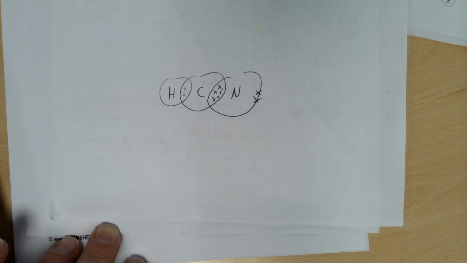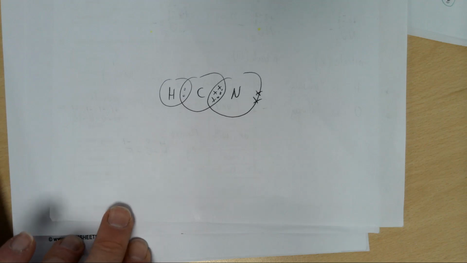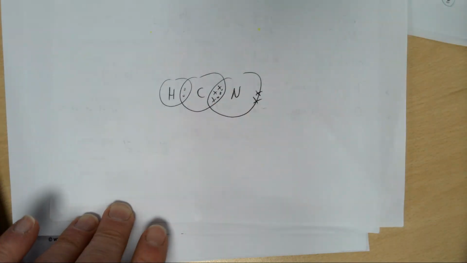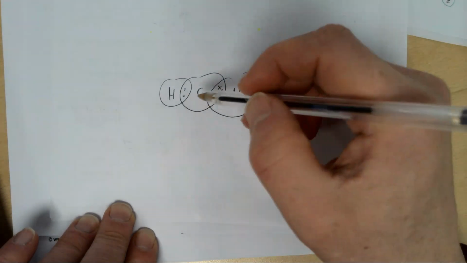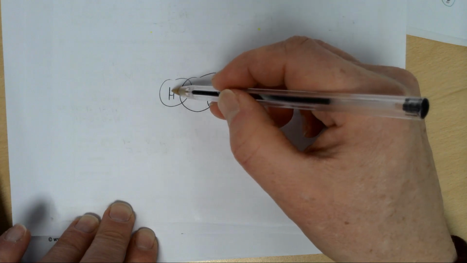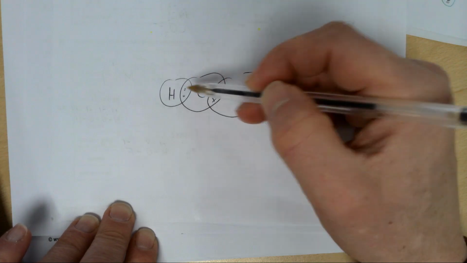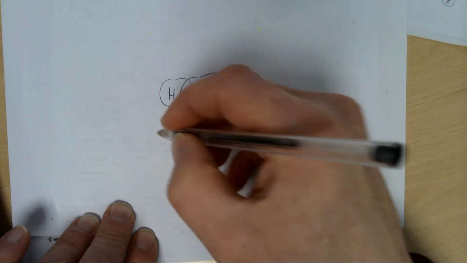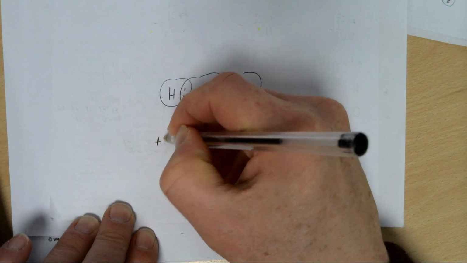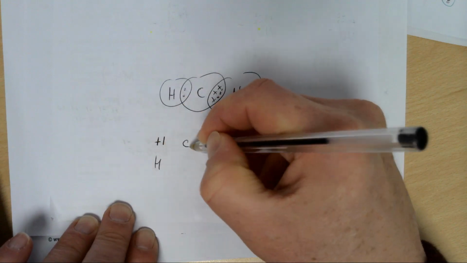So if we're thinking about hydrogen cyanide, which by the way I wouldn't recommend breathing in, how do you work out what its oxidation numbers would be? Well, if this is the dot cross diagram, the Lewis structure for hydrogen cyanide, carbon is more electronegative than hydrogen. So carbon gets those electrons, which is why hydrogens are always +1.